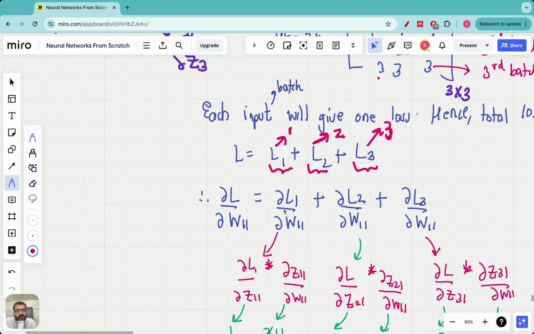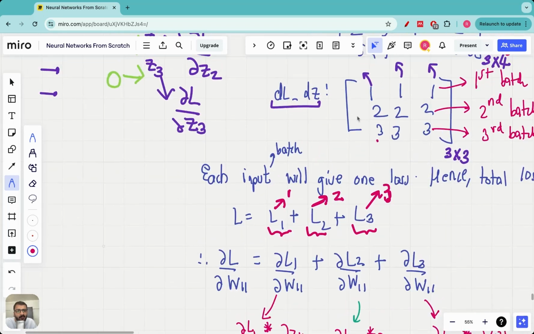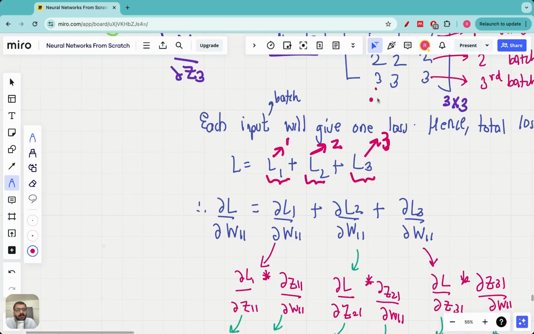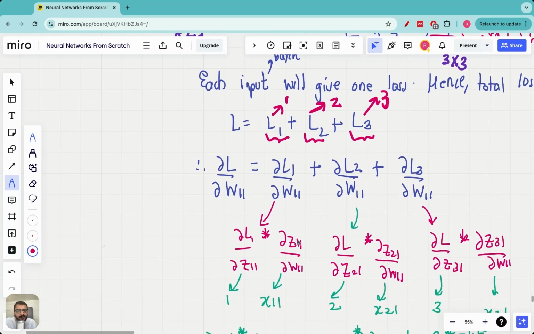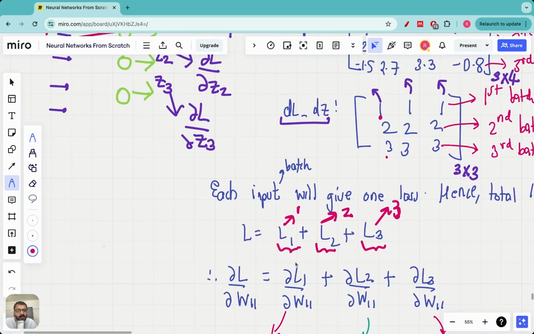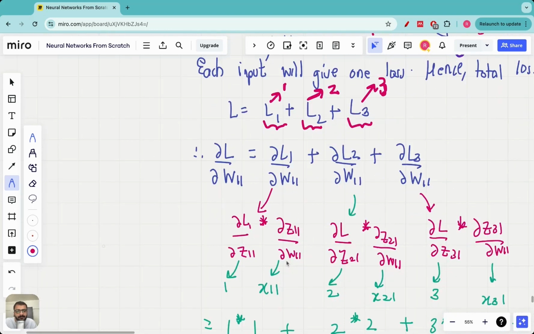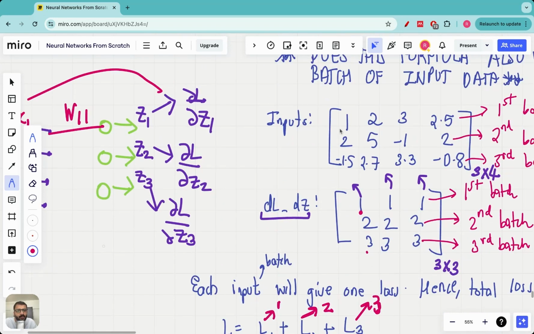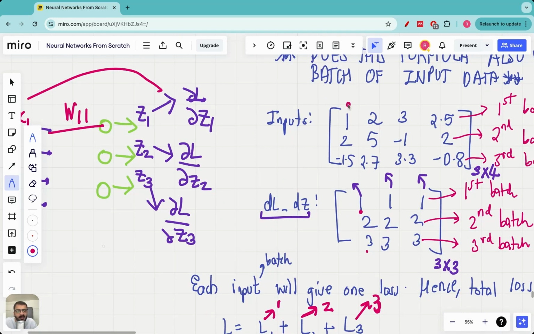So for the first batch, partial derivative with respect to W11 will be partial derivative with respect to Z11, which is this, multiplied by partial derivative of Z11 with respect to W11, which will be X11. So X11 is actually this. So the first batch, and we are looking at the first input, which is X1. That's why it's called X11.